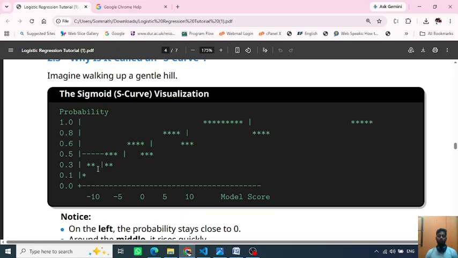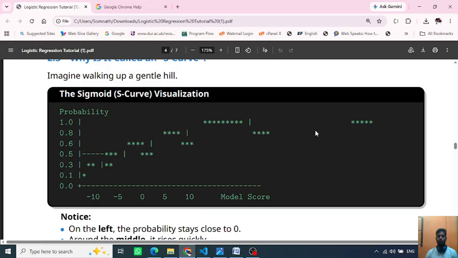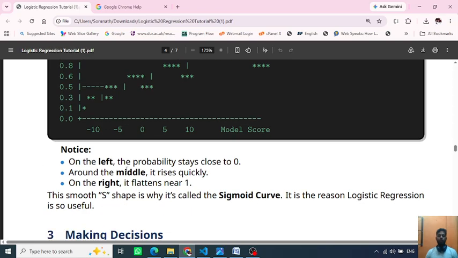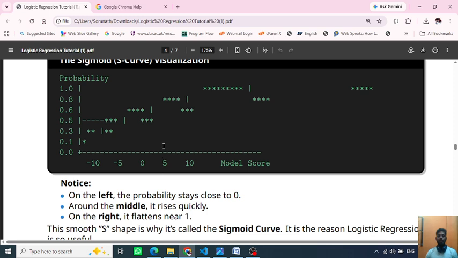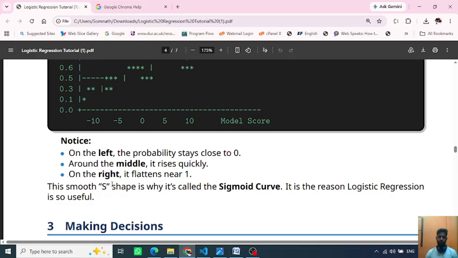If we plot the probability against its respective model score, it creates an S-like shape. On the left, the probability stays close to 0, around the middle it rises quickly, and then again it stays near 1. This smooth shape is why it is called the sigmoid curve or S curve.